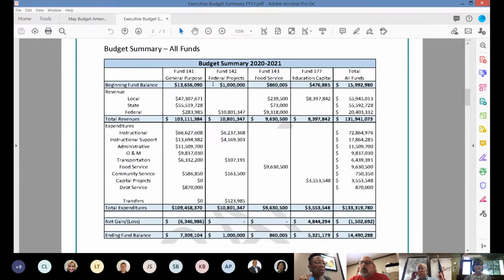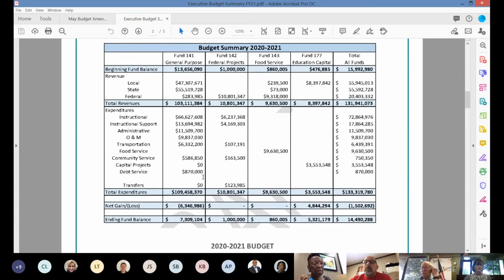So for next year, you'll see that we're anticipating our beginning fund balance to be about 13.6 million. Our total revenues at 103 million. Total expenditures 109.5, with a net loss of 6.3 million, ending our fund balance at 7.3 million.